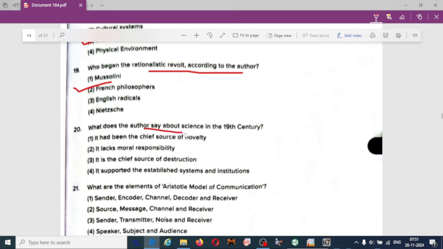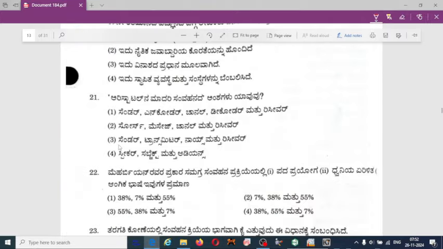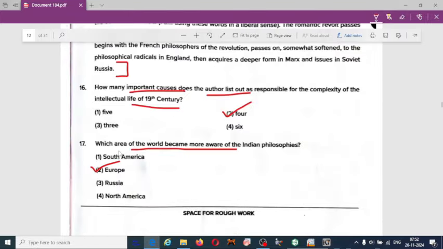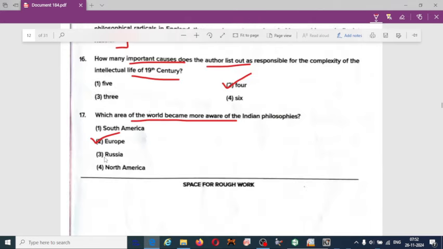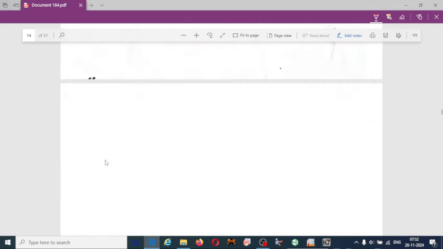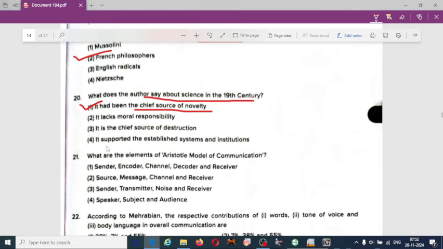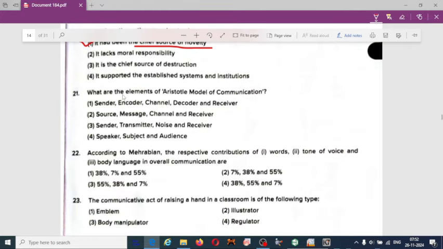What does the author say about science in the 19th century? If you read carefully, option 1 is correct: it had been the chief source of novelty. Okay, questions 16 to 20 are related to the passage. Let us go for the next question.